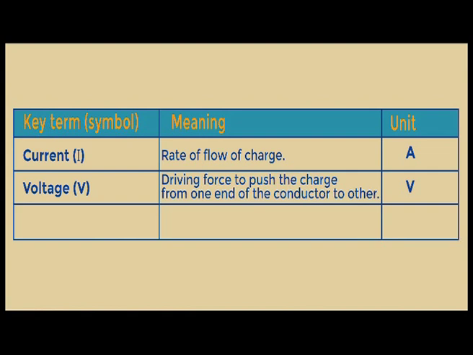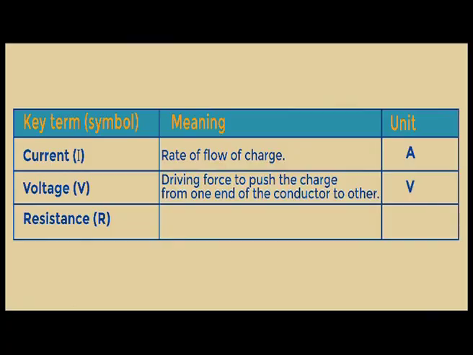Then the final question in the recapitulation section: what is resistance? Resistance, as you all know, is the obstruction offered in the flow of charge. When charge flows or when current flows from one terminal to the other, the obstruction offered in that flow of charge is known as resistance.